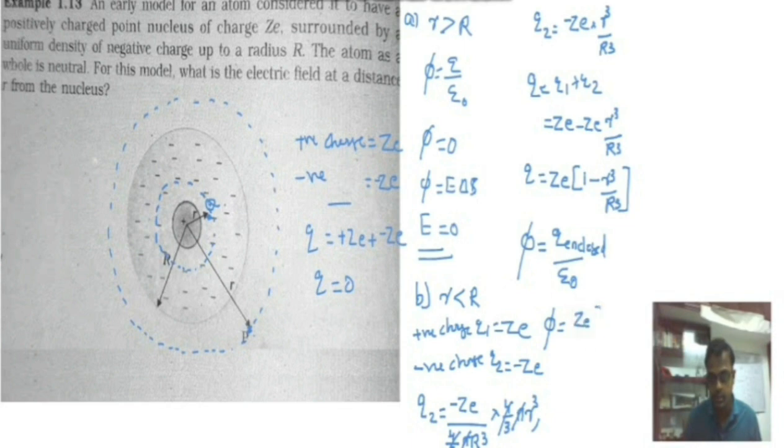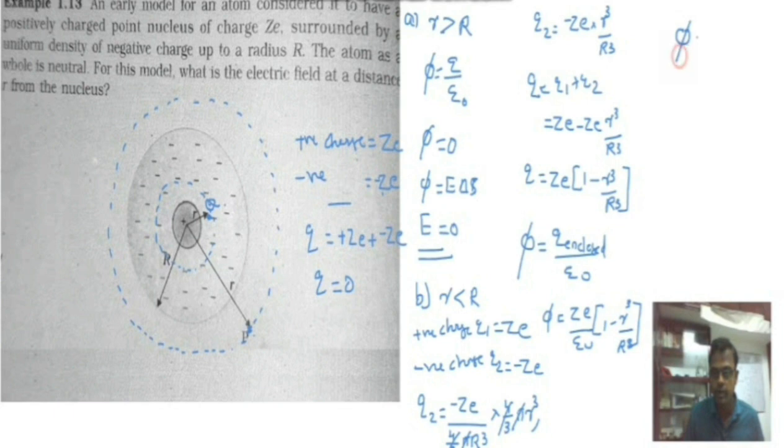Ze into 1 minus r cube divided by capital R cube, divided by epsilon 0. Phi is equal to E dot A. So the electric field and area at the point Q are both in the same direction, theta equal to 0. So I can write here phi is equal to EA.